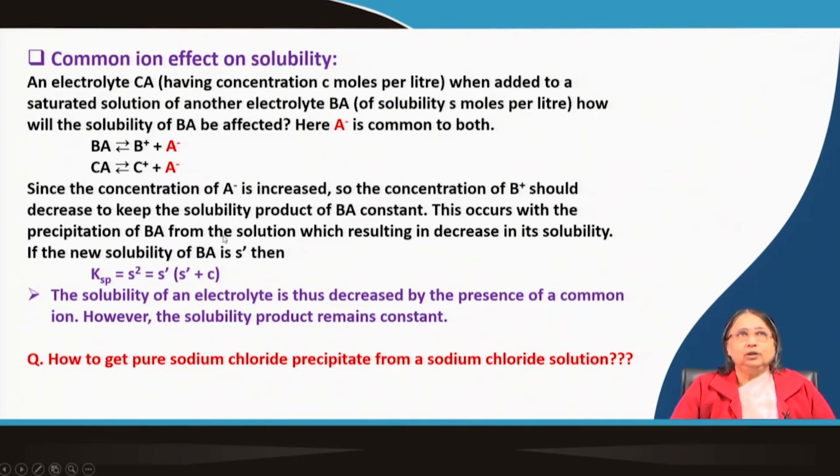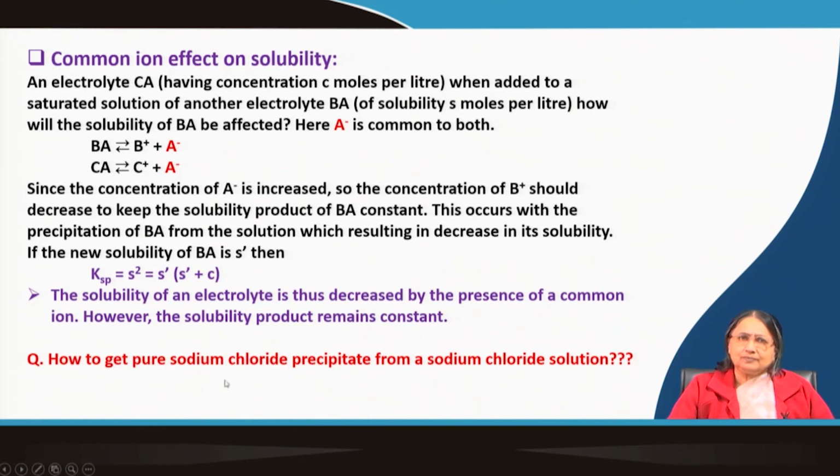So, common ion effect means that when you add a common ion, the solubility of the original electrolyte goes down, and the new solubility of BA is S dash. The solubility of an electrolyte is thus decreased by the presence of a common ion. However, the solubility product remains constant.